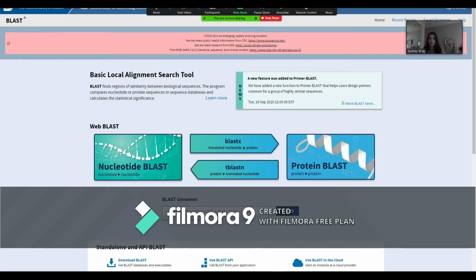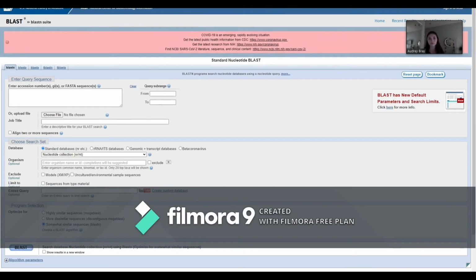So now we're going to switch over to the actual site that we use to compare Delilah's sequence to virus samples. We're going to go to this nucleotide BLAST section, which is also the National Center for Biotechnology Information.